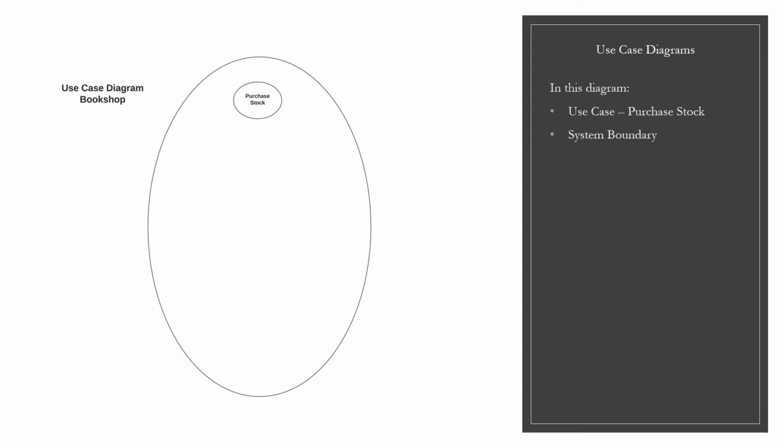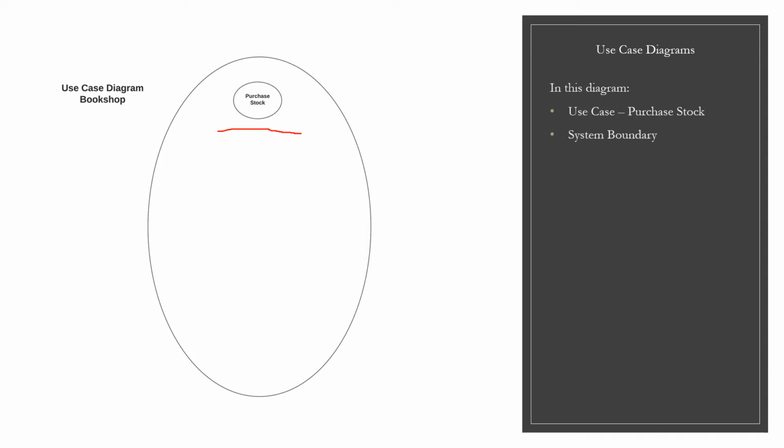We can start the diagram with a single use case. One of the things the shop needs to do is purchase stock. Clearly, they need to do this in order to fill their shelves and sell books. So this is represented with an ellipse inside the system boundary.